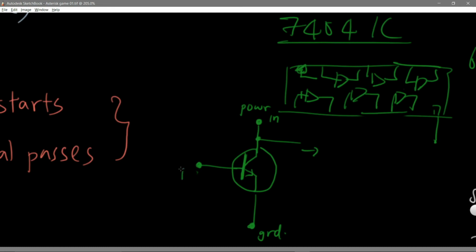And if the input is a logic 1, the current starts flowing in this direction, going to the ground. You know, the ground is a giant collection of charges. So whatever power in, let's say your power in is 5 volts, it's going to be around 0 volts here.